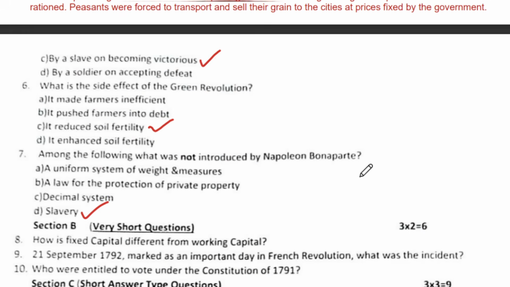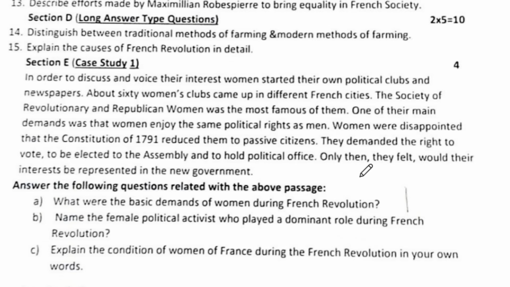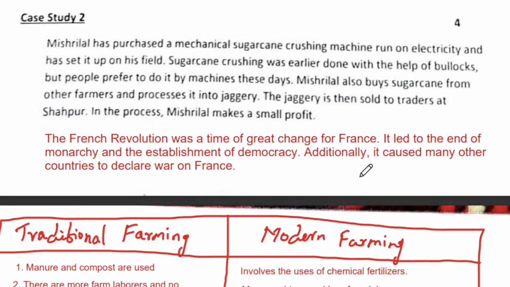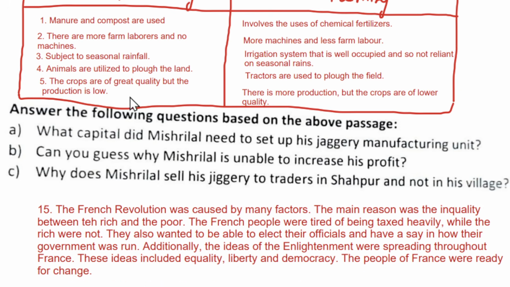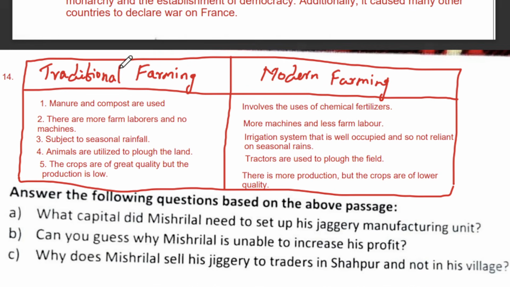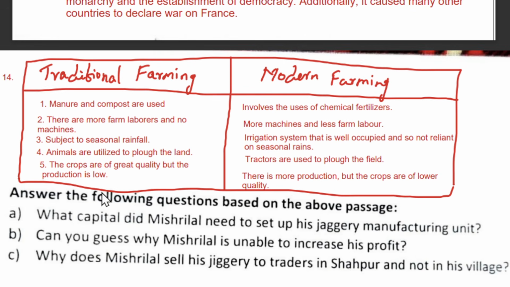While completing it, end with a full stop. And if they ask to distinguish between, it should always be in a tabular column like this. You should create a tabular column and point your answers like this. You have to point the answers like 1, 2, 3, 4, 5, so 5 marks will be easily given to you.